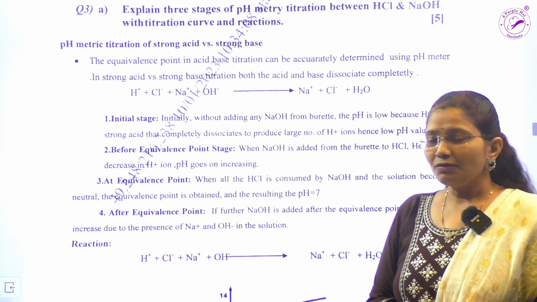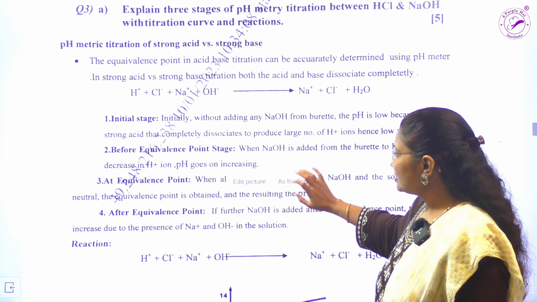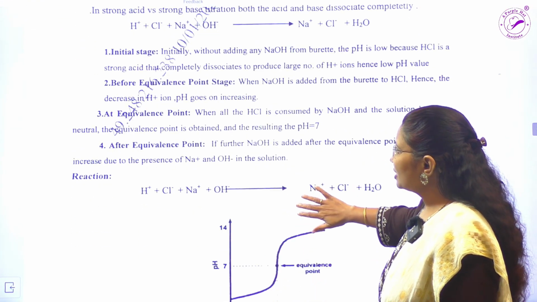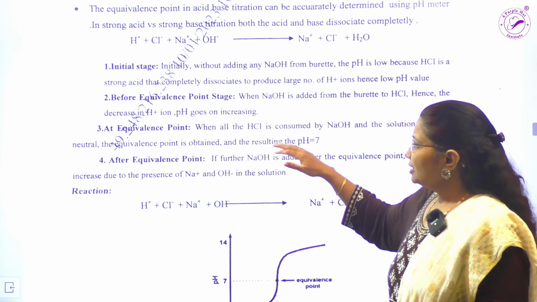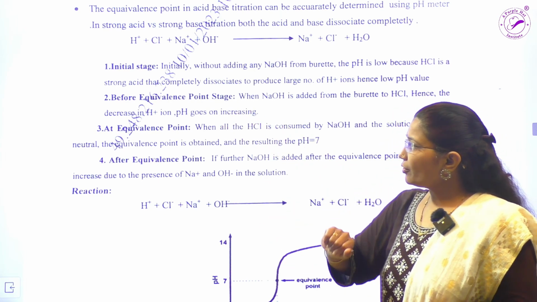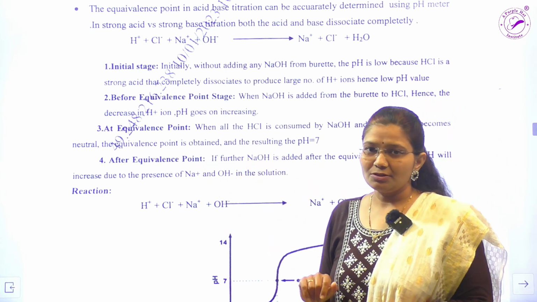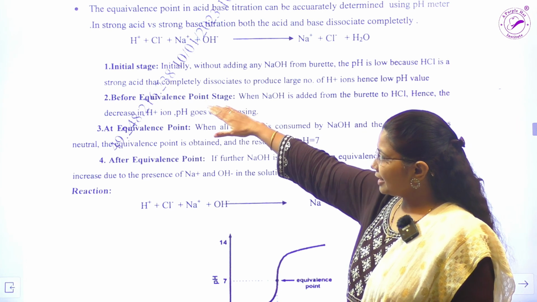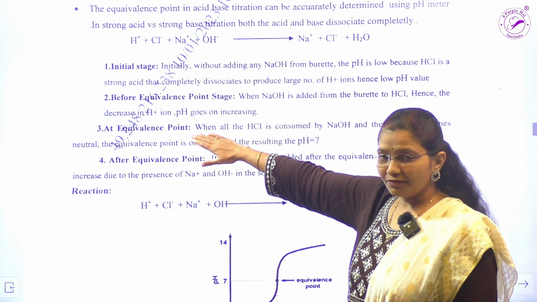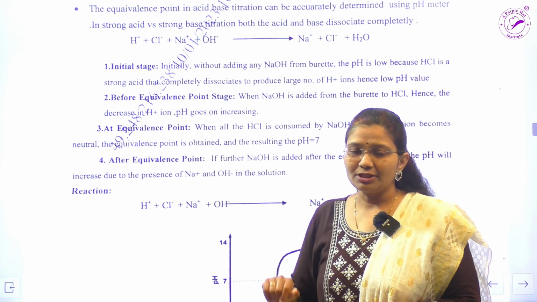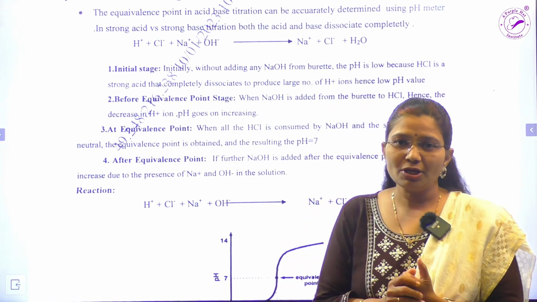So first of all we will see the 3 important stages. You can see here, first of all the initial stage is there, then before equivalence point, at equivalence point and after equivalence point. So these second, third and fourth, that is before equivalence point, at equivalence point and after equivalence point, these 3 stages are very much important, and that you have to explain here.